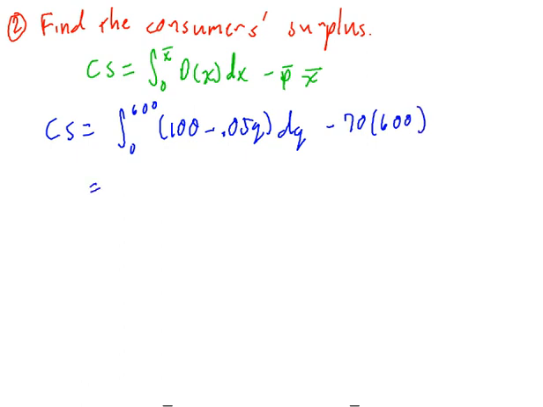Integrating this, the integral of 100 would be 100Q, and then minus 0.05 over 2 Q squared, evaluating that from 0 to 600, minus 42,000.